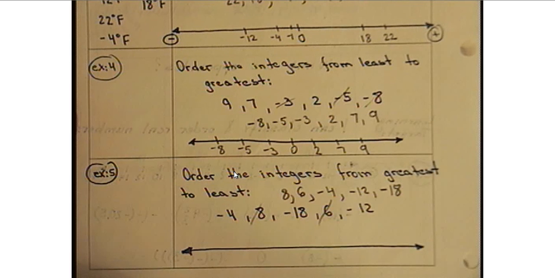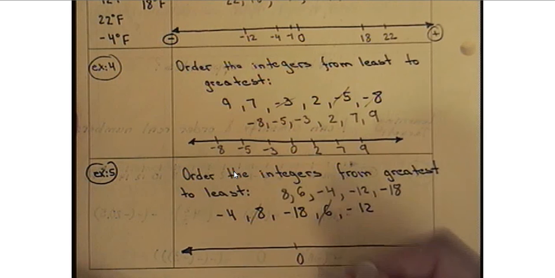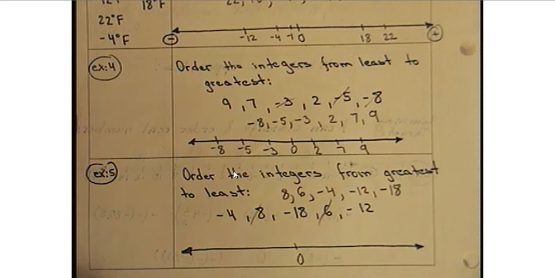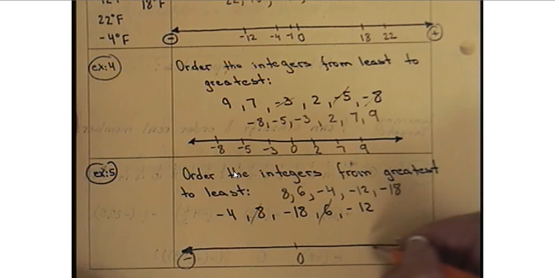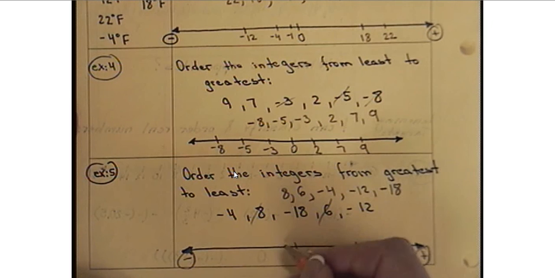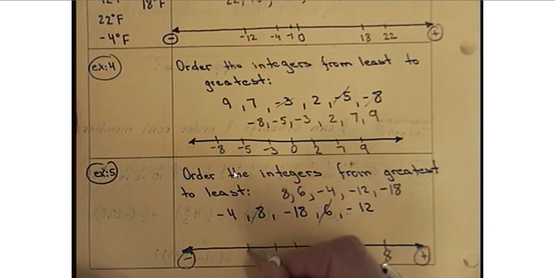But when you're using a number line, please always remember that negative numbers will be to the left and positive on the right side. So I have 6 here, 8 over here, -4, -12, and -18.